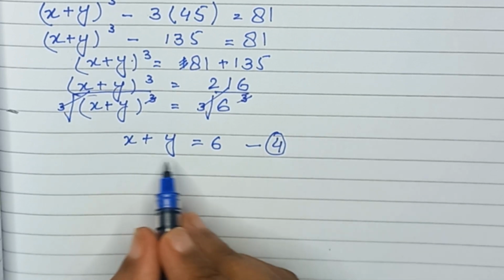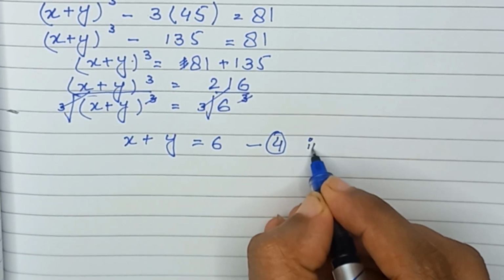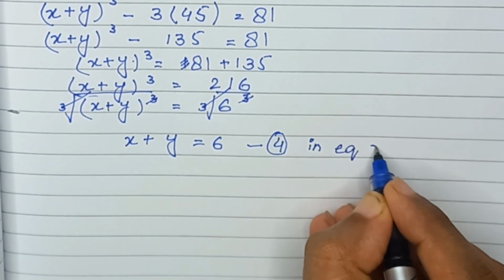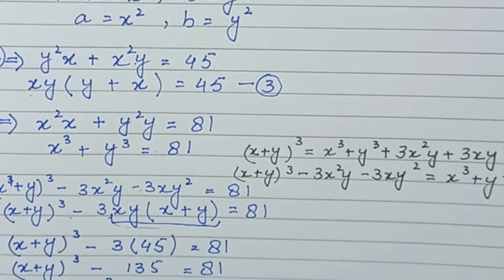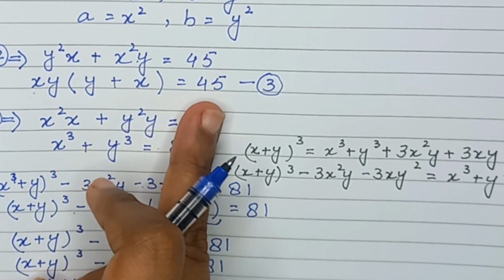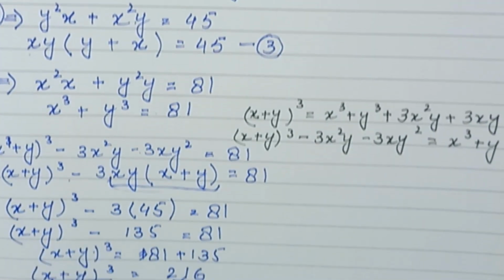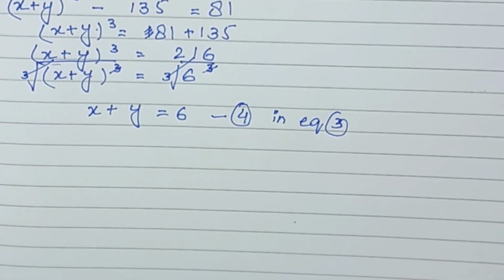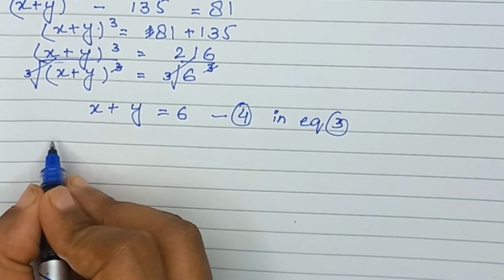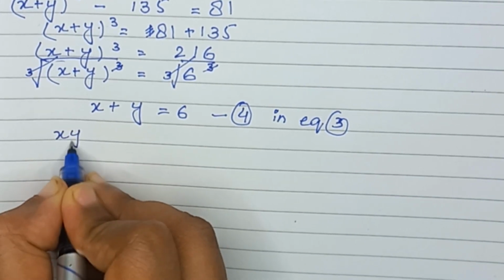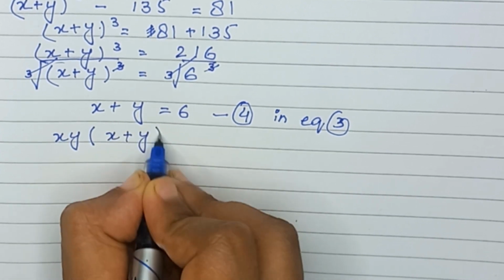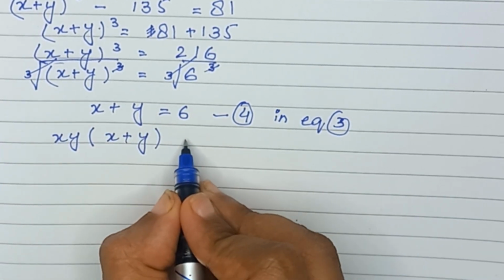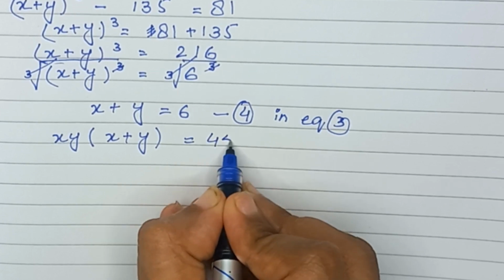Now we will put the value of x plus y in equation number 3. And equation number 3 is xy into y plus x, which is equal to 45. Xy into y plus x, or x plus y are the same, so I will write here xy into x plus y, which is equal to 45.